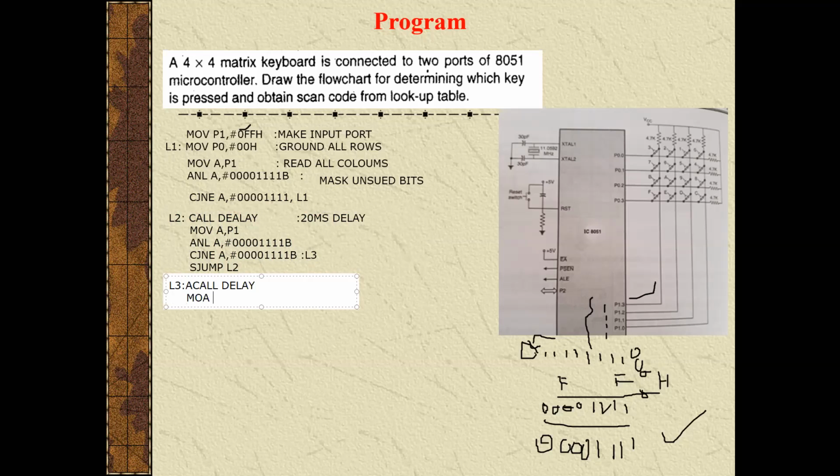Here again, MOV A, P1, using the same procedure with the same binary data. Then perform the AND operation, A and B.